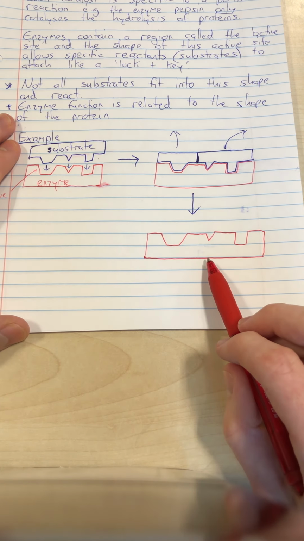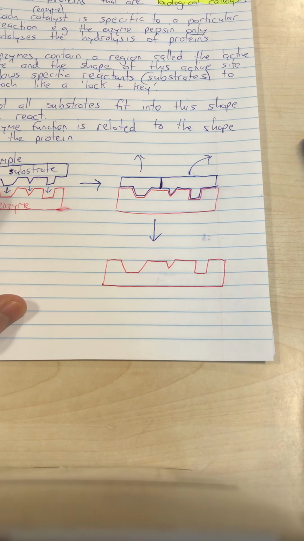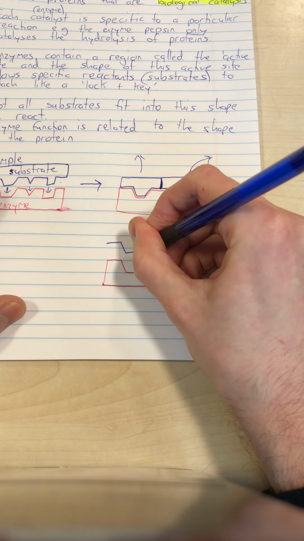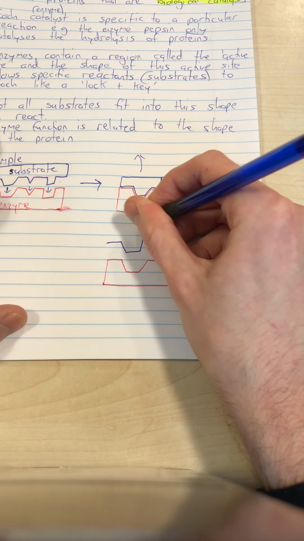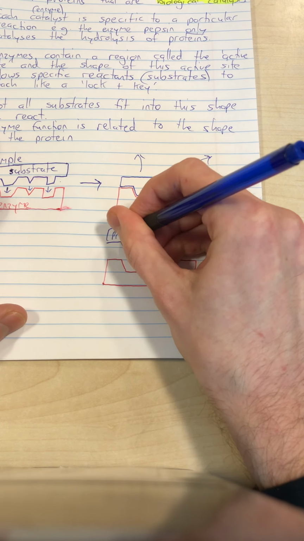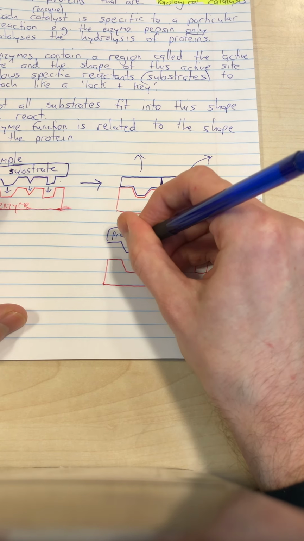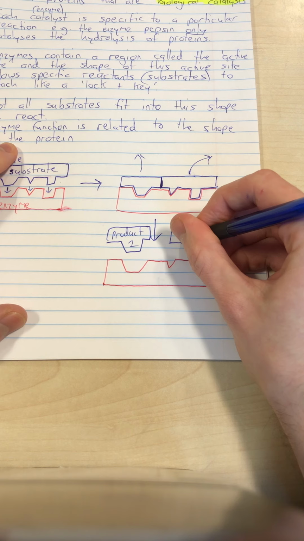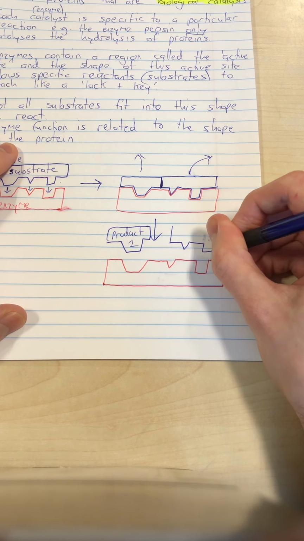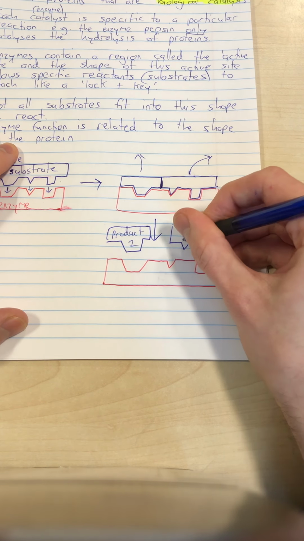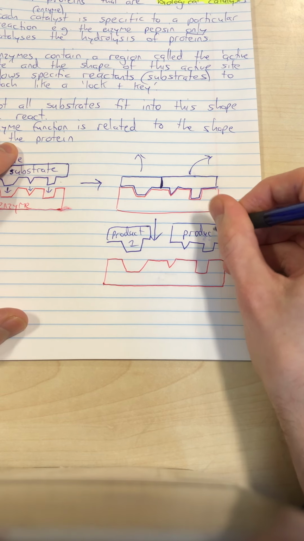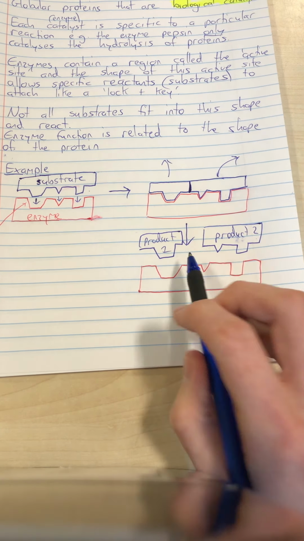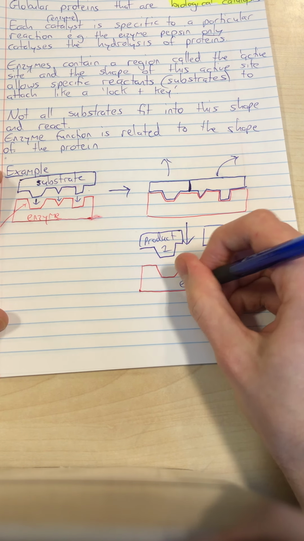Enzymes don't get used up, okay? So you'll get one product, okay? So that is product 1, and that is your product 2. Okay. Again, enzyme not getting used up.